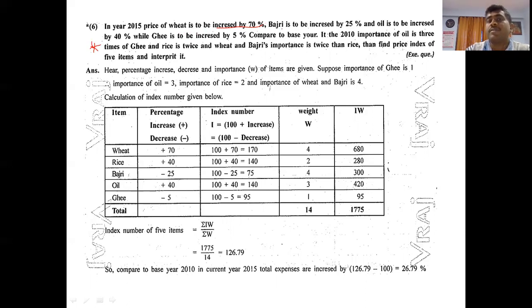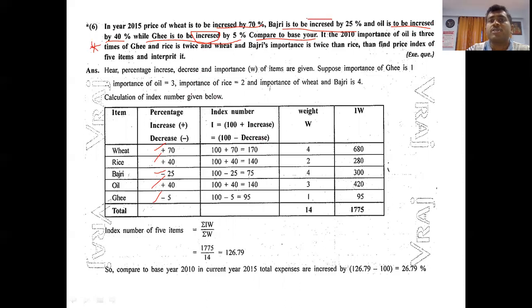Wheat is increased by 70%, bajra is increased by 25%, oil is increased by 40%, while ghee is decreased by 5% compared to base year. So that's why they are saying plus 70, plus 25, plus 40, minus 5. That means here increase is not there, decrease is there. That's right. So finally comes here also.